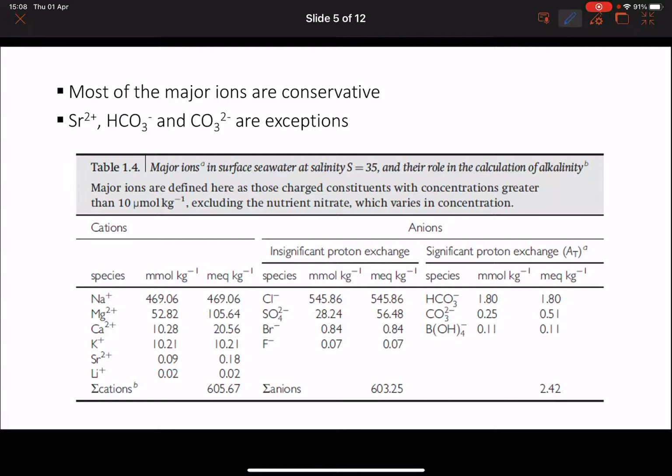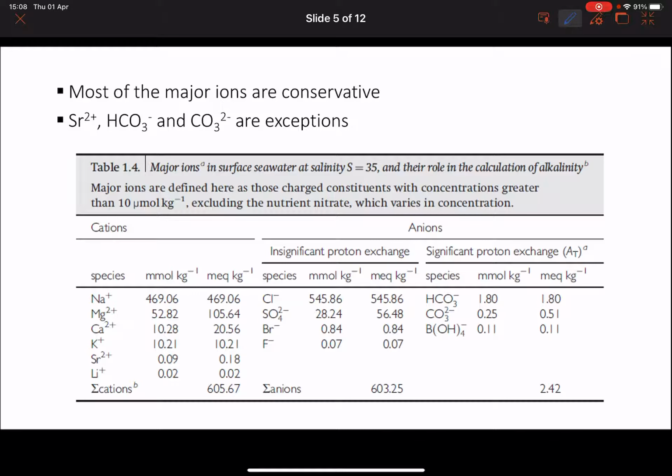And if you remember back to when we talked about the law of constant proportions with the 6 major ions, and why we could, for example, measure chlorinity and calculate total salinity, it has to do with the fact that the major ions are present in set ratios. This table shows the major ions in seawater at a set salinity.